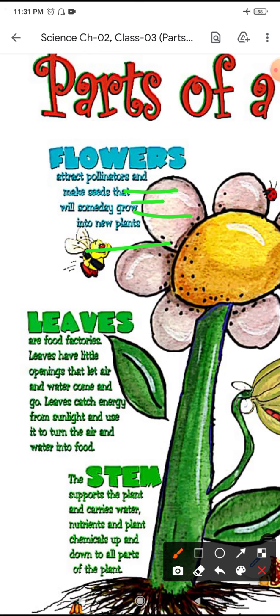Now the function of leaves. Leaves are the food factories. Leaves have little openings that let air and water come into the leaves, and these small pores are called stomata. Leaves catch energy from sunlight and use it to turn the air and water into food.